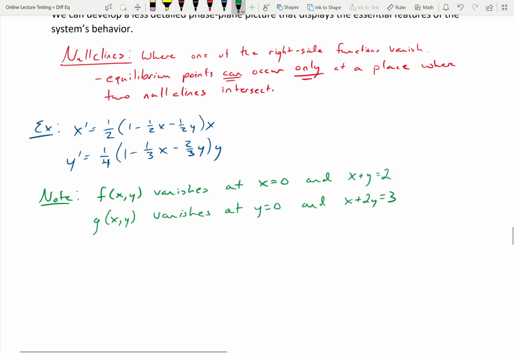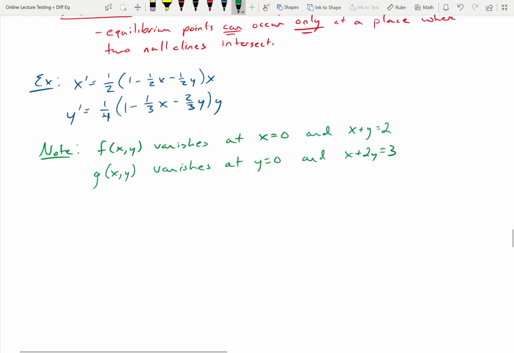So what's cool here is we can gather enough information so we know an equilibrium point then is (0, 0).